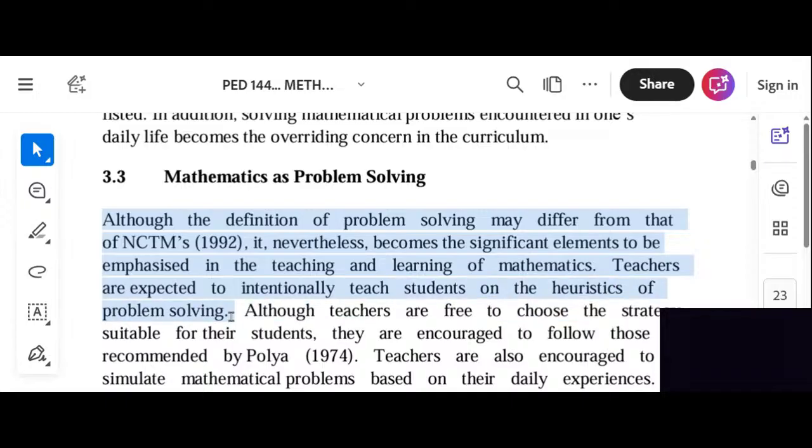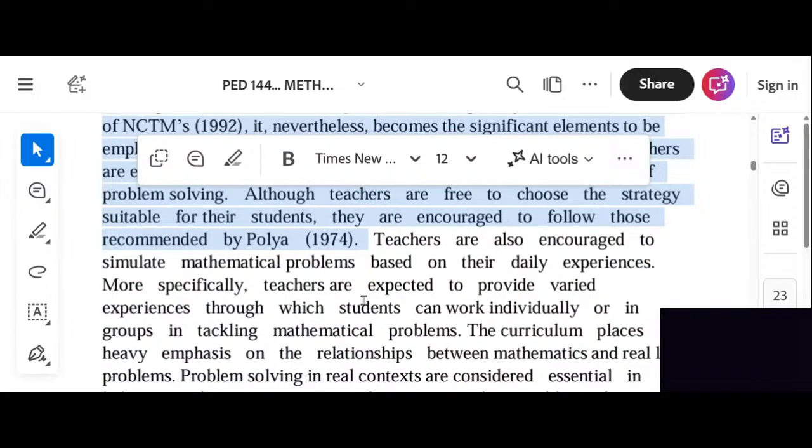Although teachers are free to choose the strategy suitable for their students, they are encouraged to follow those recommended by Polya in 1974. We should check what we need to learn about this man and his recommendation, because they can't just tell us to choose it without explaining. Why did he mention it here? So we need to know what Polya says.